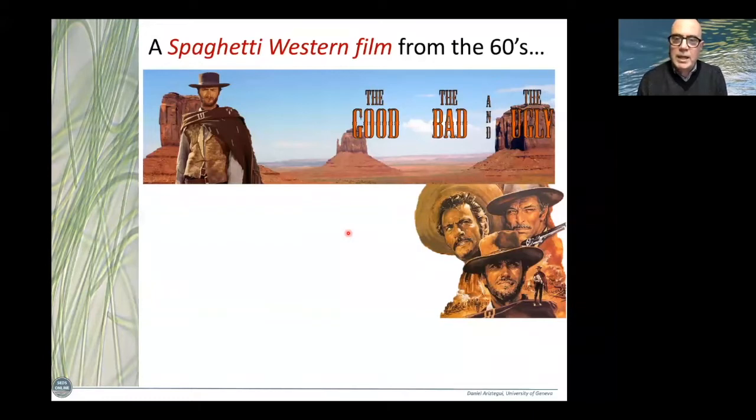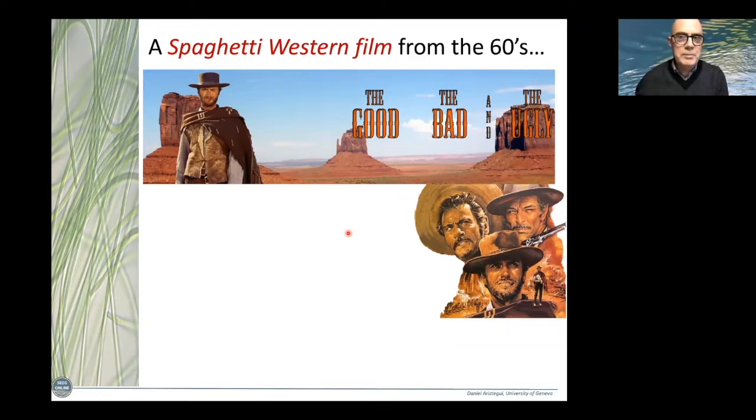And one of the most famous ones is The Good, the Bad, and the Ugly, where three very different characters, as you can see from the names, were somehow working towards a common goal, but between them there were a lot of problems and different situations.